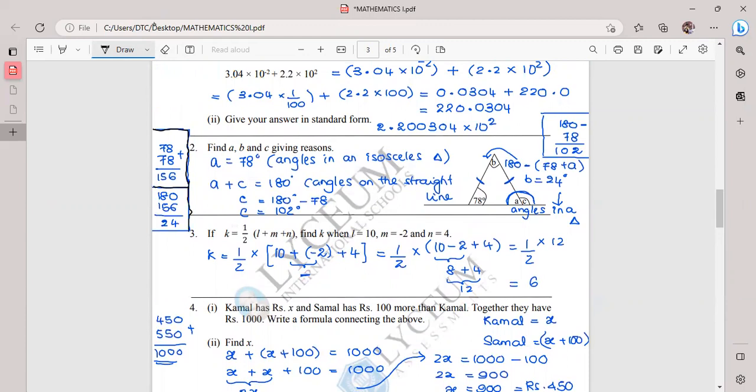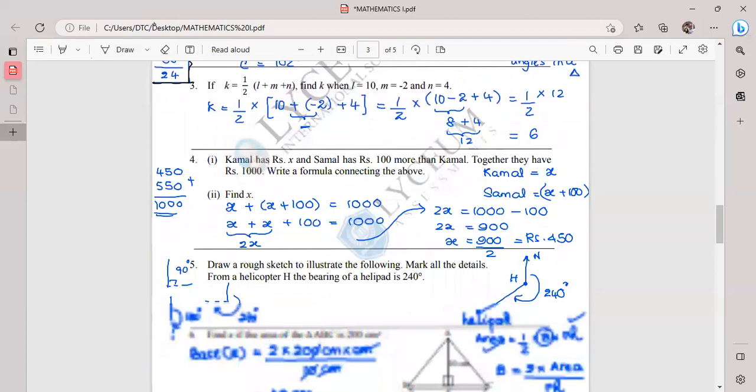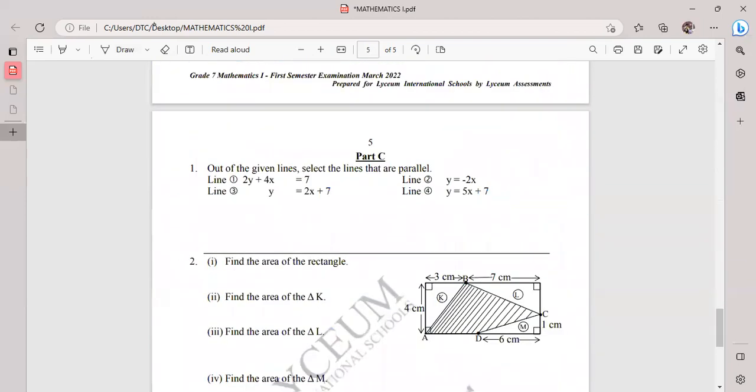So then it is neat, and you know these are only the workings, right? Okay, children. So then this is the end of part B.